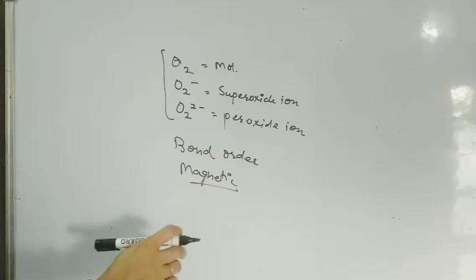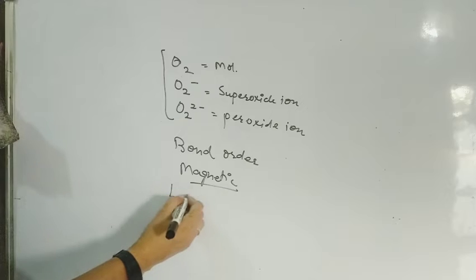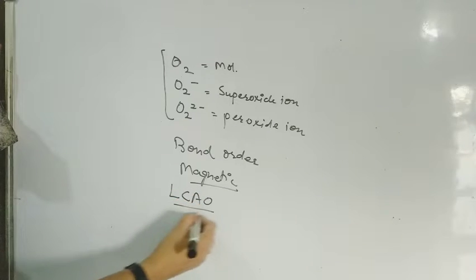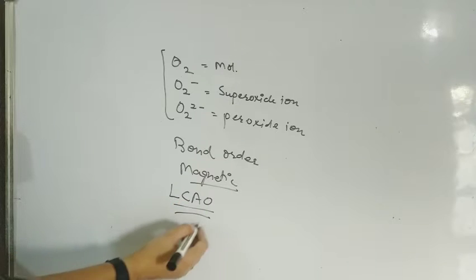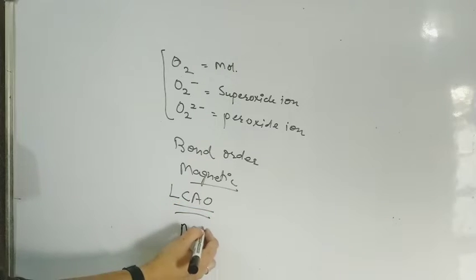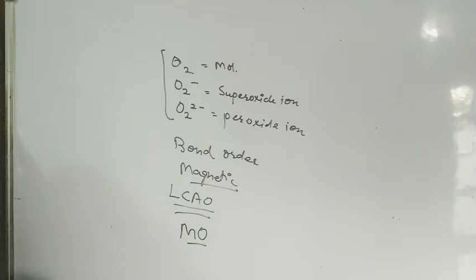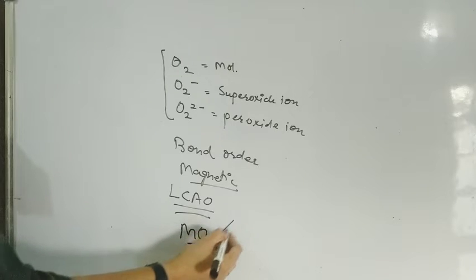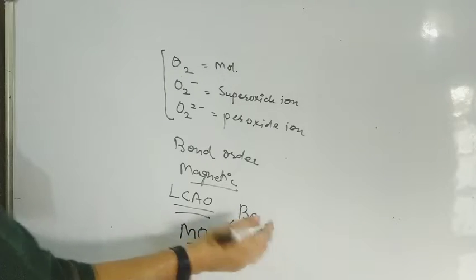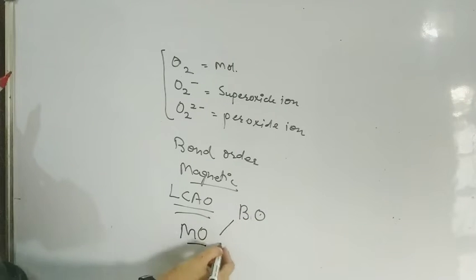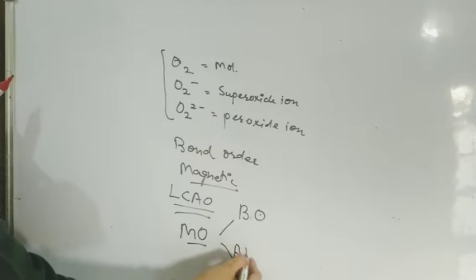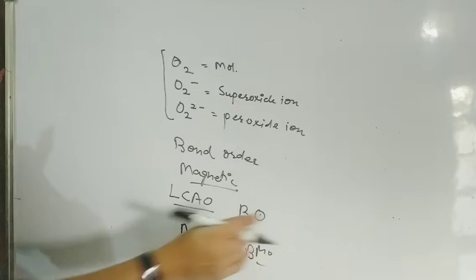Fine, we have done the linear combination of atomic orbitals theory. According to it, when atomic orbitals combine, molecular orbitals are formed. The molecular orbitals formed are bonding orbitals and anti-bonding molecular orbitals.